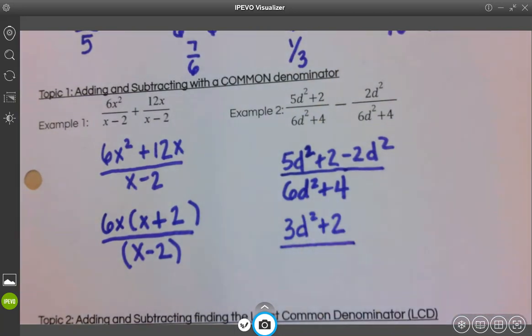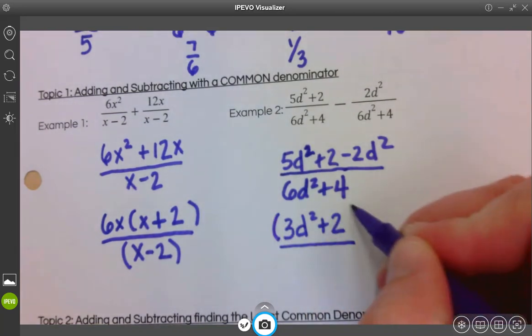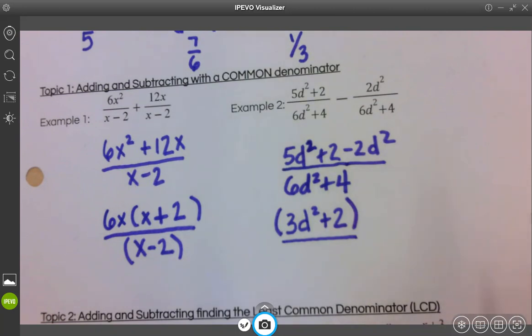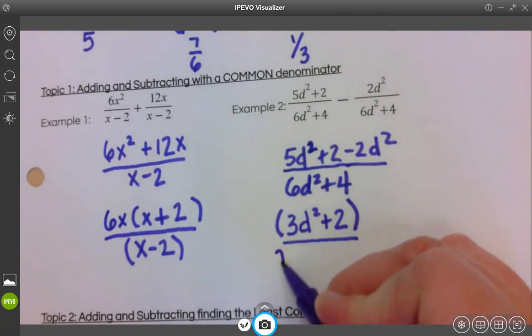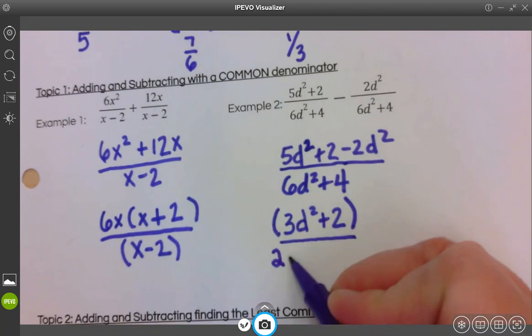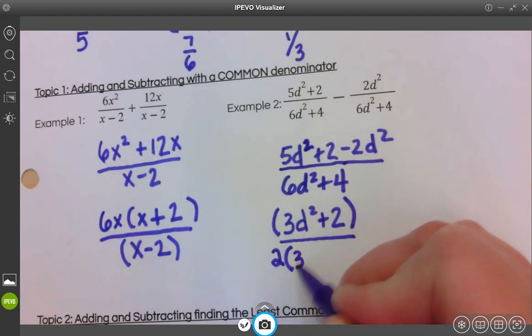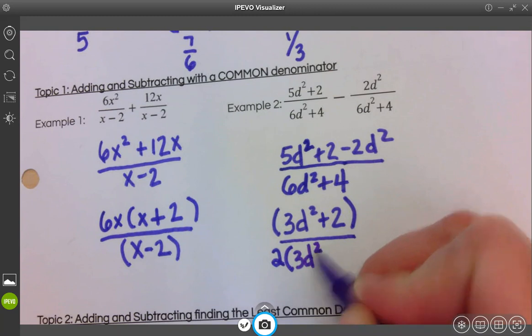All right, in my denominator, can I factor anything out? I can factor a 2 out, right? So I can't cancel anything yet because I don't have a multiplication yet. But if I factor out a 2 from my denominator, 2 times 3d squared gives me the 6d squared.